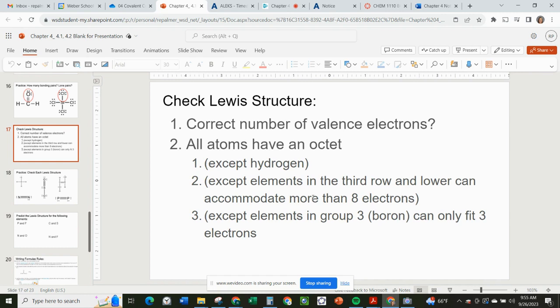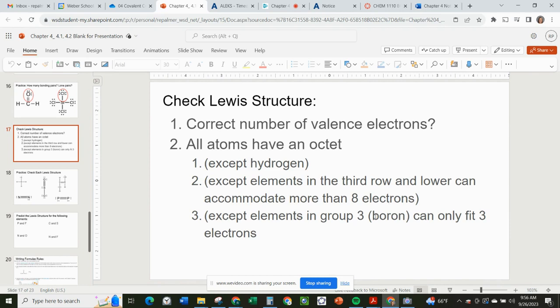And then anything in the third row or lower in the periodic table is large enough that it can actually fit more than 8 electrons. And we see this sometimes. In chemistry, we find these patterns and then there's always an exception. So these are some exceptions to the octet rule.